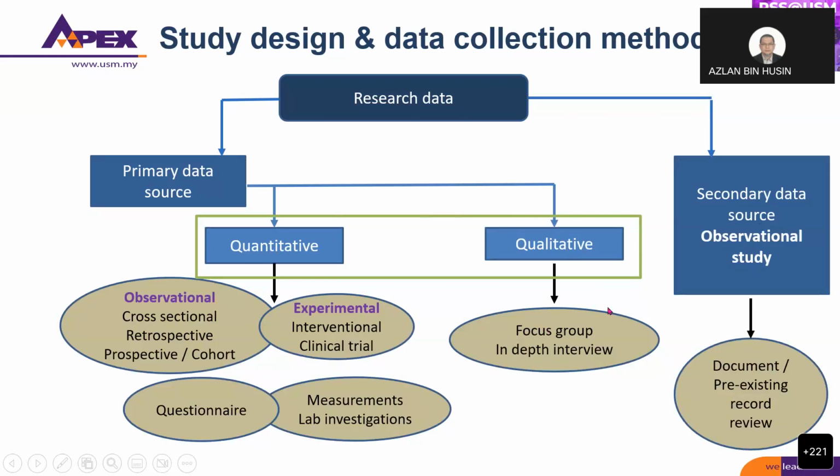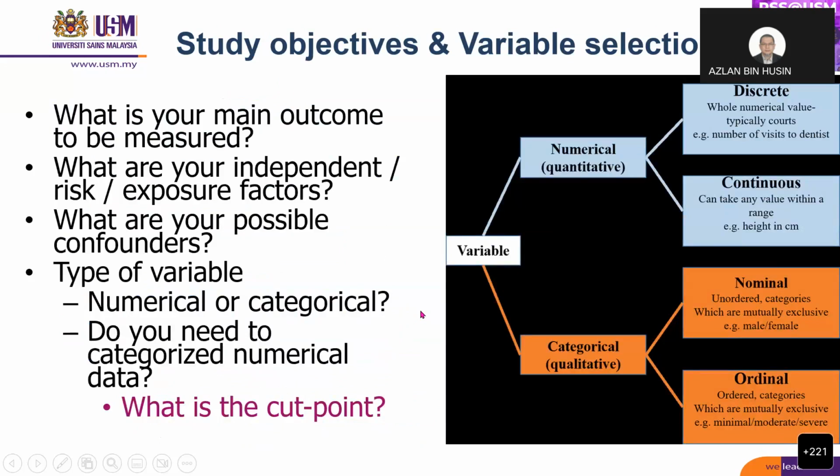Okay. So the same thing, some examples of research data, whether qualitative or quantitative, talk about maybe interviews, focus groups, and some other methods. I think social behavioral scientists may know better than me. And study objective, as I said earlier, was the main outcome to be measured, whether it is an independent variable or dependent variable.